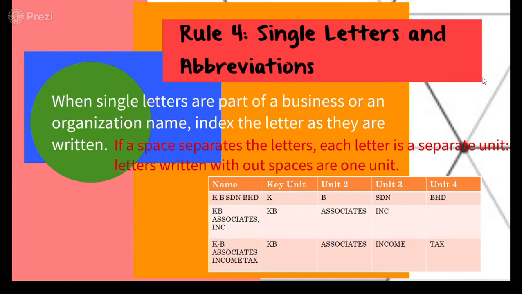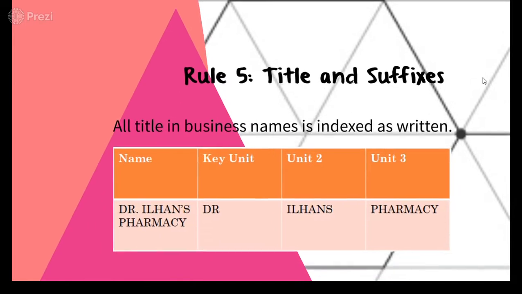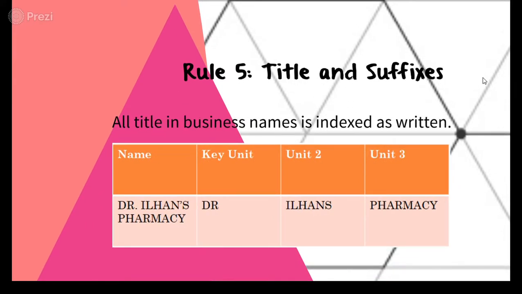Letters written without spaces are one unit. You can see the example below. Rule number 5, titles and suffixes. All titles in business names are indexed as written. You can see the following example.